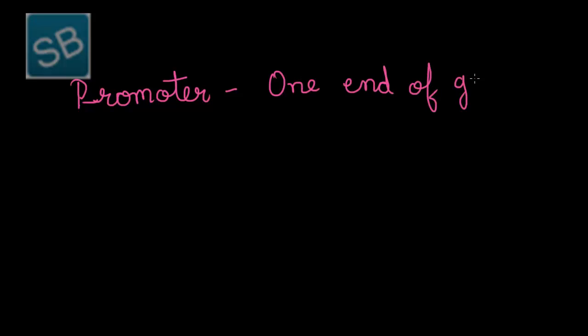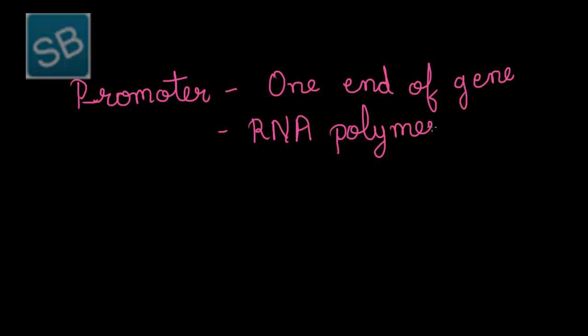The promoter is located at one end of the gene. To this region, RNA polymerase is attached, which helps during RNA synthesis.